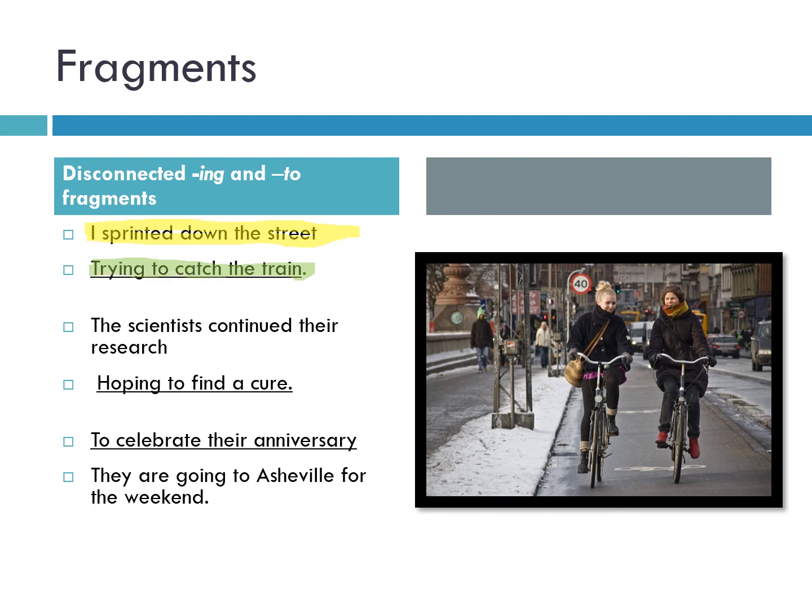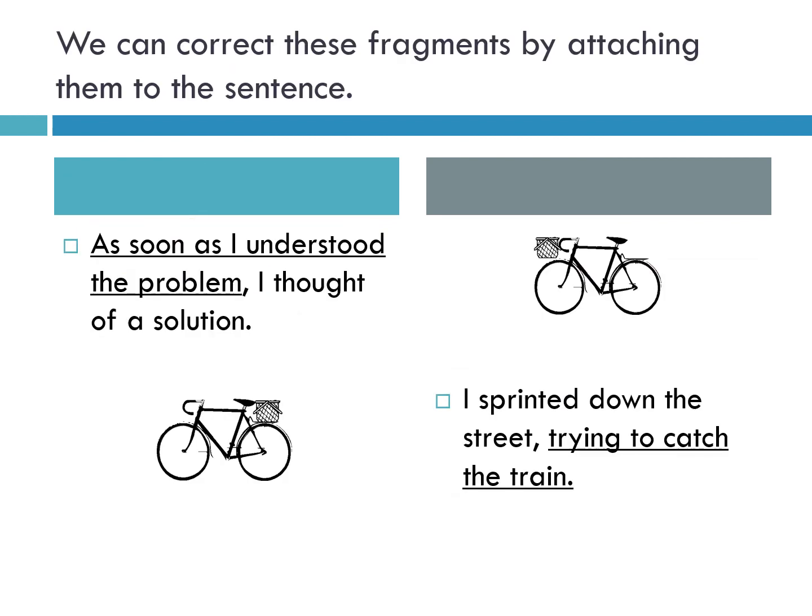It's a basket that needs to be attached to the bicycle. And then here you'll see where they've been corrected. I sprinted down the street trying to catch the train. As soon as I understood the problem, I thought of a solution.